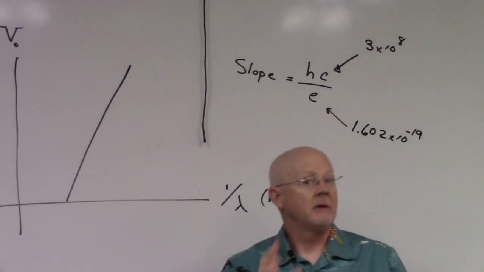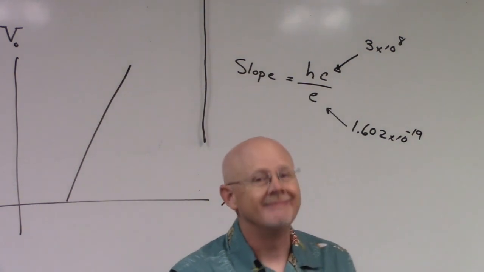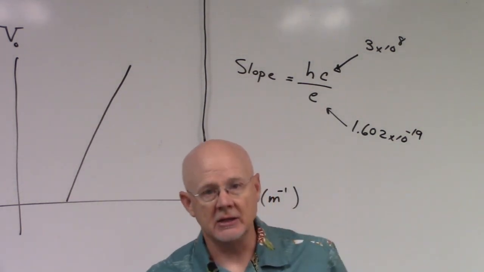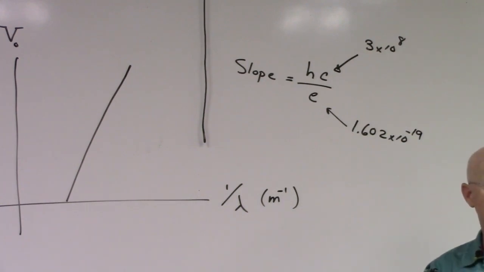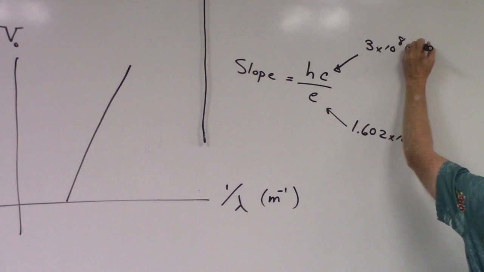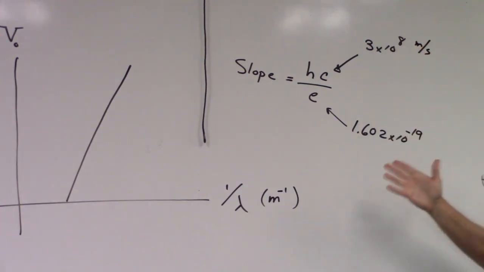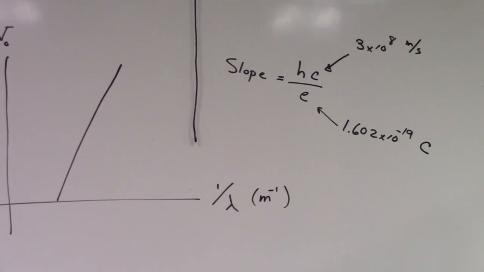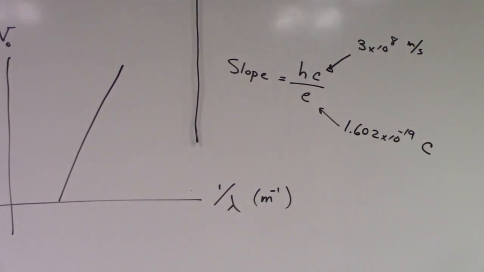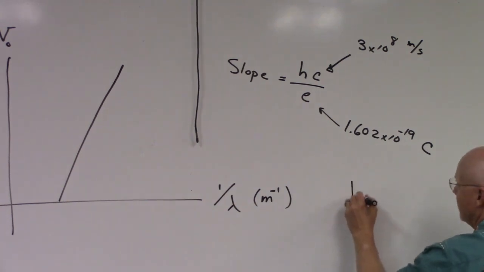Or, if you don't know, let me tell you that it is, because this is more from Physics 122. I should put units up here, so this would be meters per second for the speed of light, and this would be coulombs for the charge of the electron. But here is your final step.